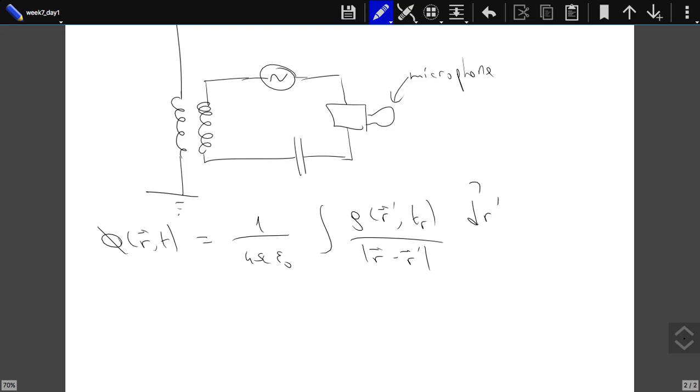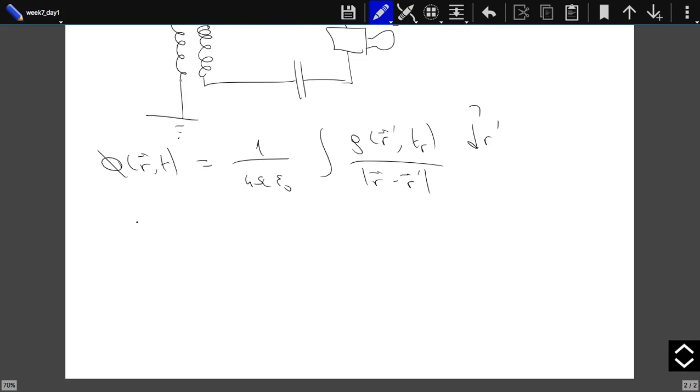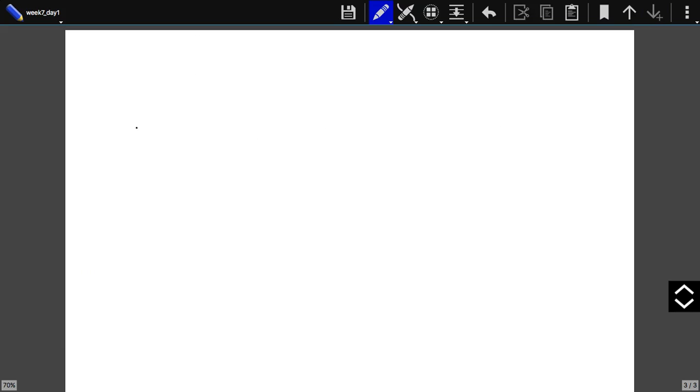And okay, let me just put my charges also. This is my plus q, this is minus q, let me just draw it in a different diagram. This is minus q, this is, let's say, plus q, and I'm looking at it somewhere over there.